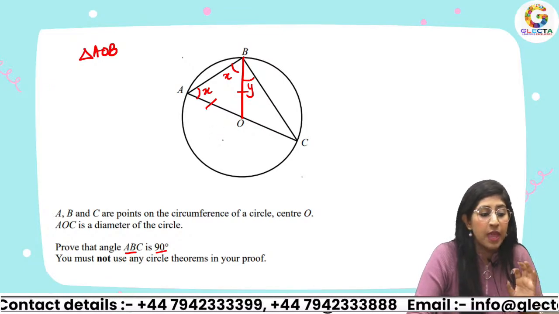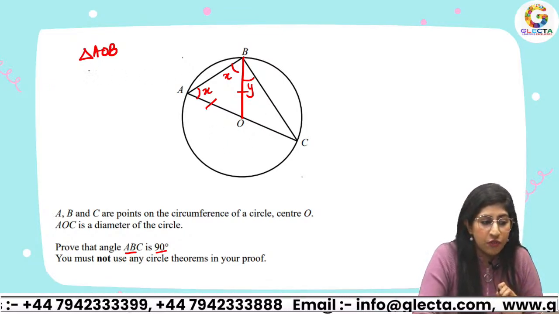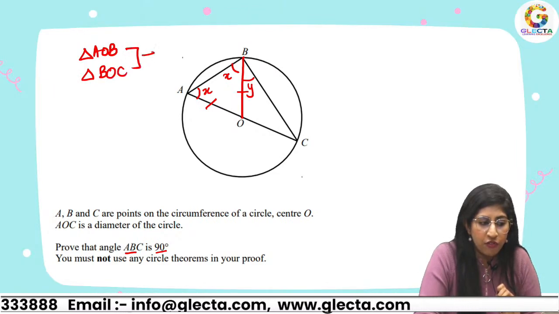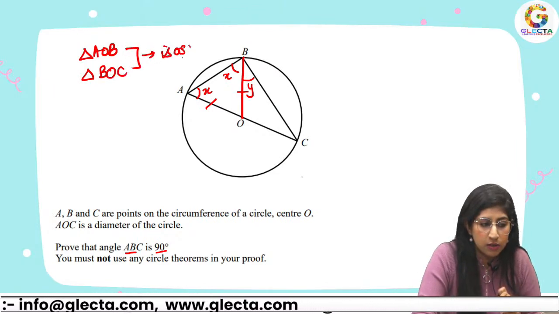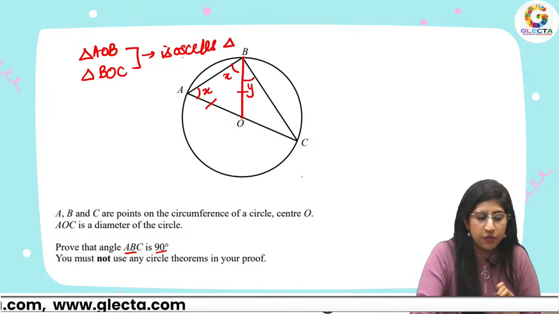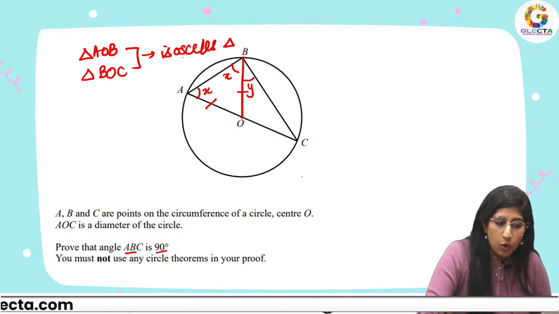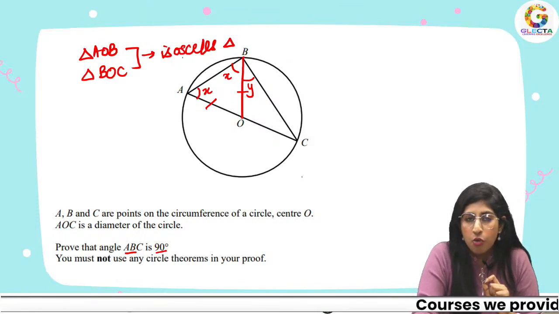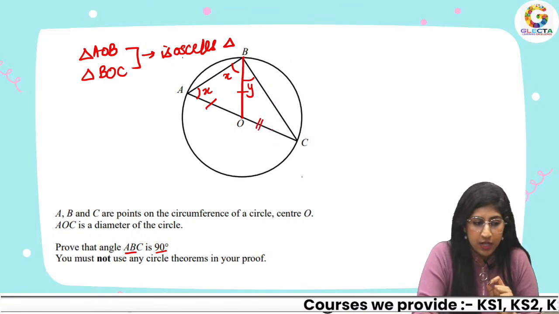Then, similarly, if you see triangle BOC, this would also form an isosceles triangle. BO is also the radius. OC is also the radius.